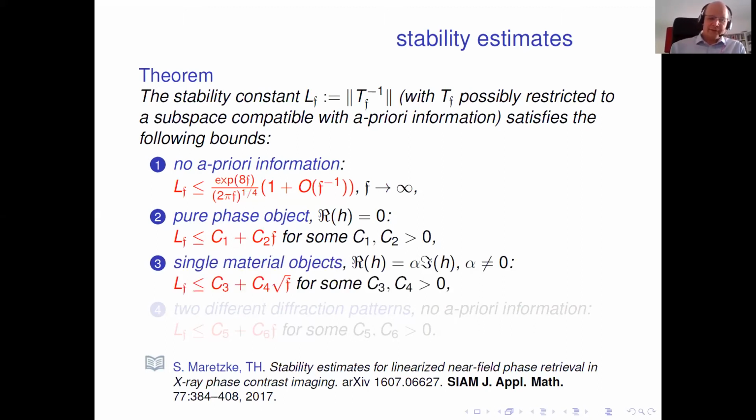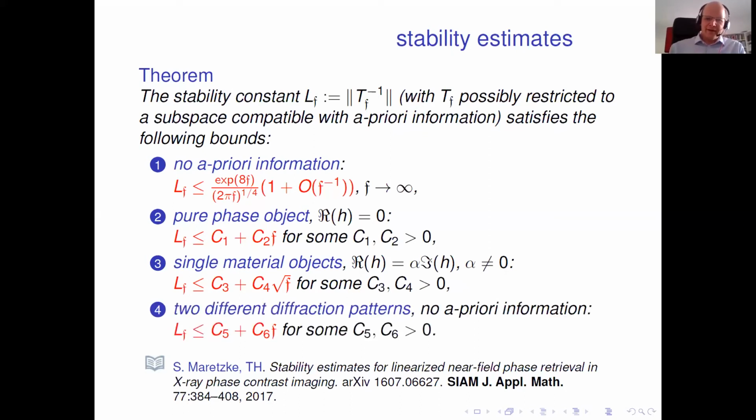Okay, if we have a so-called single material object, so we are imaging an object where real and imaginary part are proportional, then we have an even better stability bound, which only increases with the square root of the Fresnel number. And then finally, this turns out to be a corollary of these previous points.